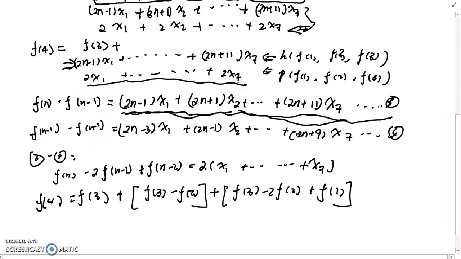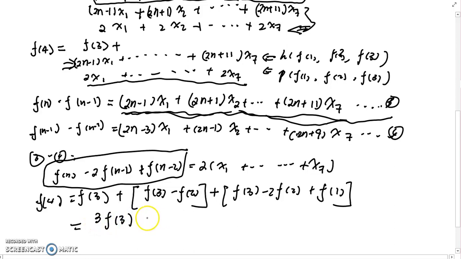Then let's combine them together. It will be 3 f3, minus 3 f2, plus f1.